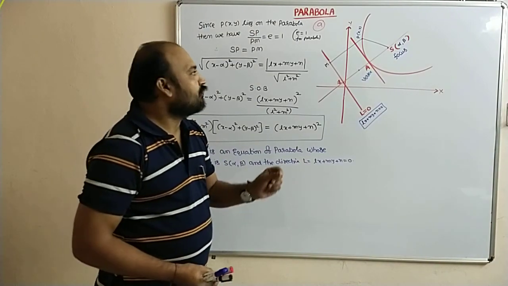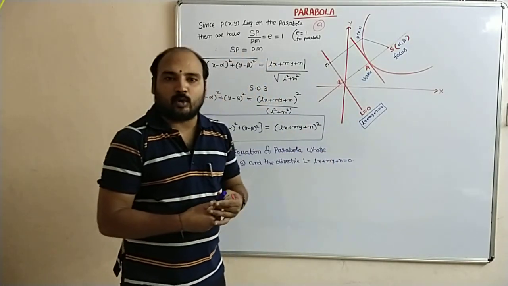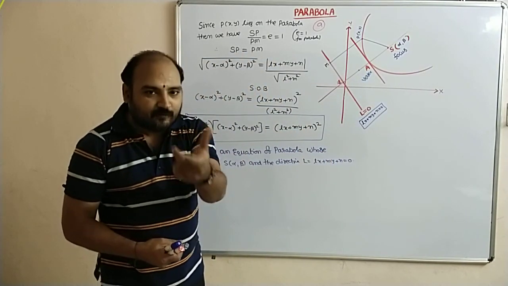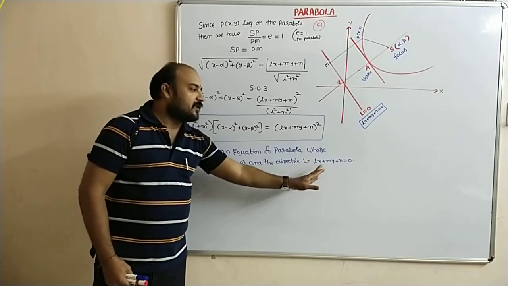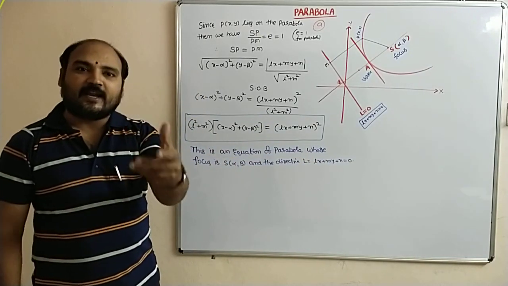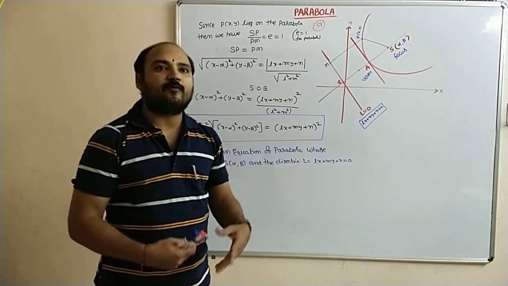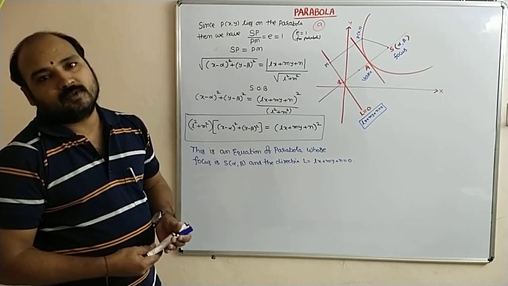Suppose they give alpha comma beta as 1 comma 2. If S of 1 comma 2 is the focus and 2x plus 3y plus 4 equal to 0 is the line, that is the directrix, then find the equation of the parabola.